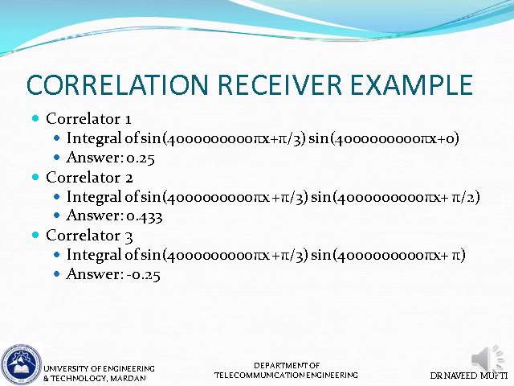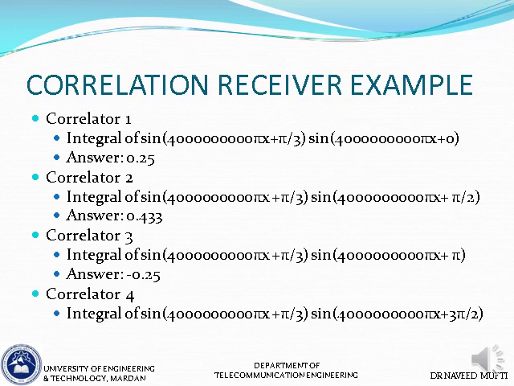Okay, and the answer is minus 0.25. And the last correlator, we will use the prototype waveform with 270 degrees or 3 pi by 2 radians, and the answer for that correlator is minus 0.433. So there we have the numerical outputs of all the correlators.